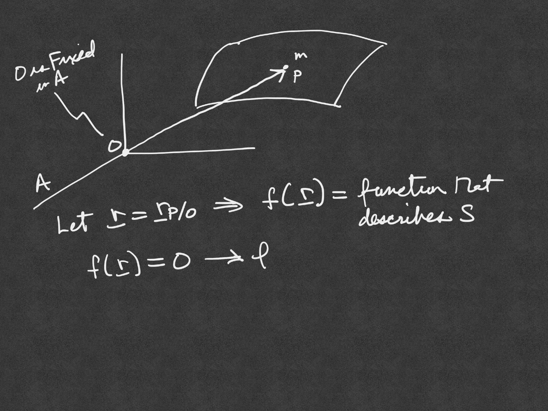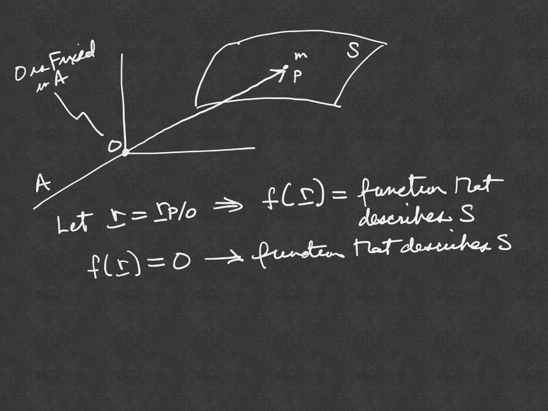This is the function that describes S. Now, this is common in analytic geometry, that we define functions as level sets, and we say that that level set in this case is equal to 0. This function is this locus of points that defines this surface S.